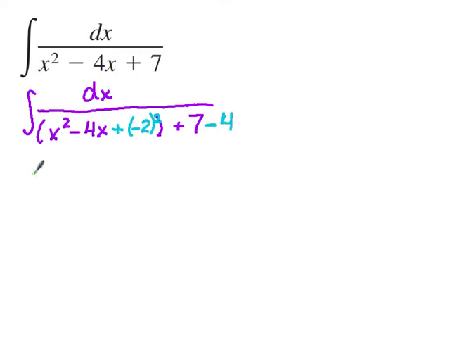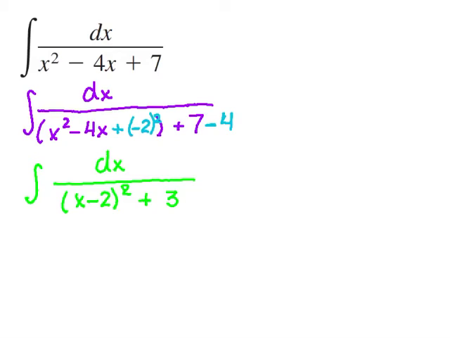And so now I have the integral of, does anybody remember what that parentheses will factor to be? X minus 2 quantity squared plus what number? 3. So now of the 3, which one does this look like it will fit?